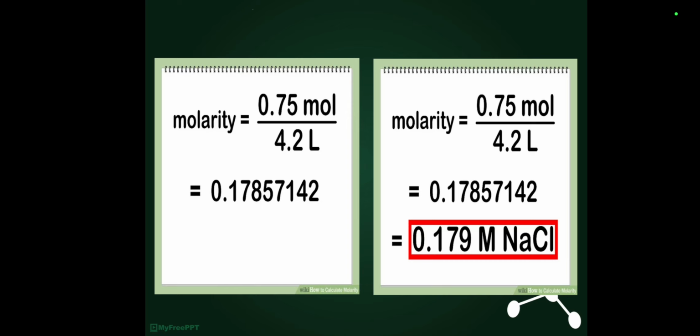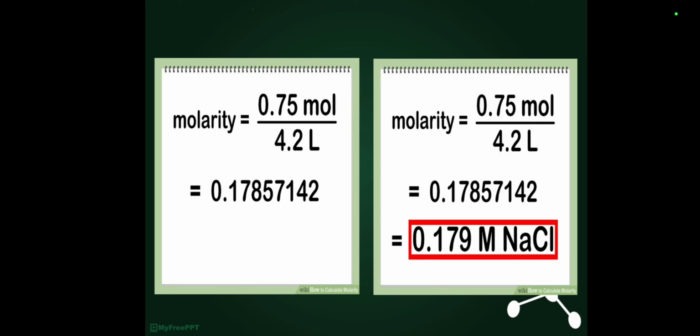But we can round it off into 0.179 molarity of sodium chloride. Pareha lang po. Gi-round off lang po natin kasi ang kasunod ni 7 is 8. So meaning to say, we have to round it off. So the answer would be 0.18 molarity of sodium chloride.